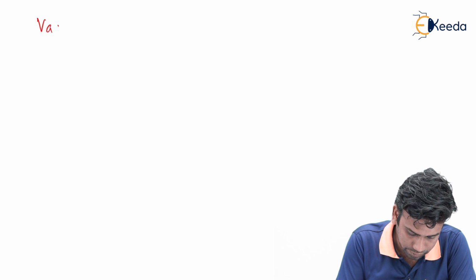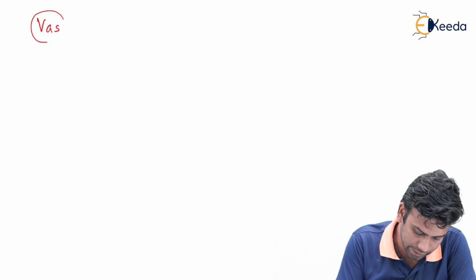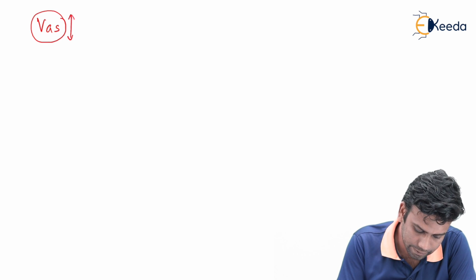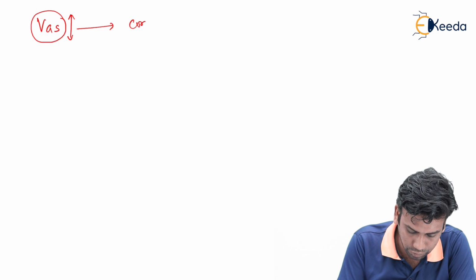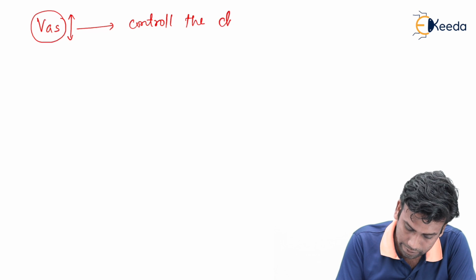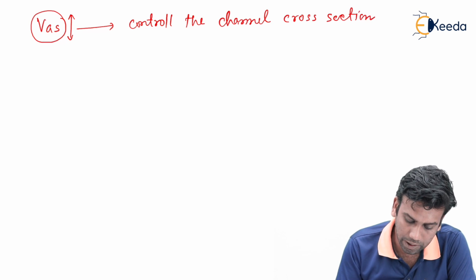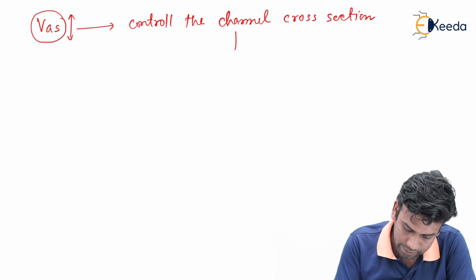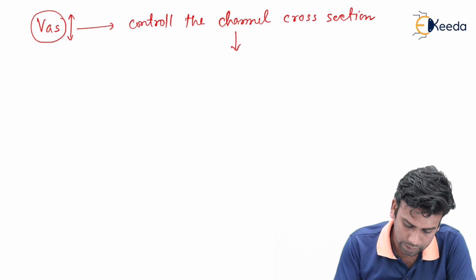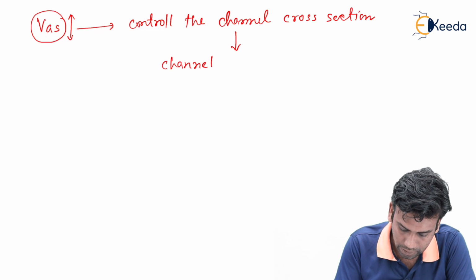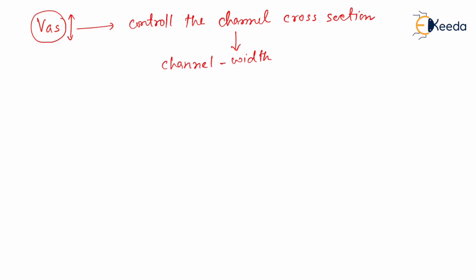So by changing the value of VGS, we can control the channel cross section of the JFET, and this channel cross section control is called the channel width modulation.